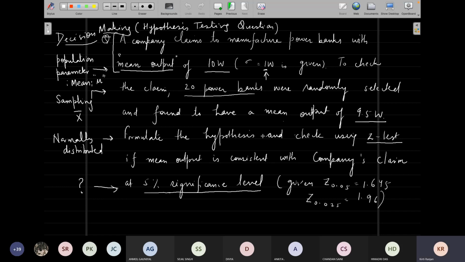We are supposed to formulate the hypothesis and check using a z-test if the mean output is consistent with the company's claim at 5% significance level. Given there are two values which are given, I will come to that later.